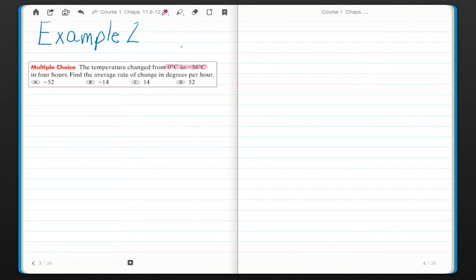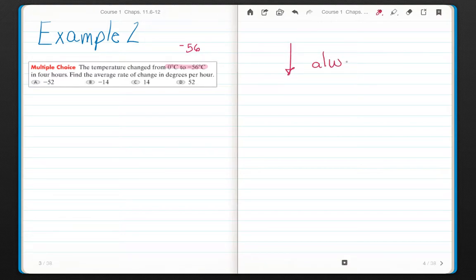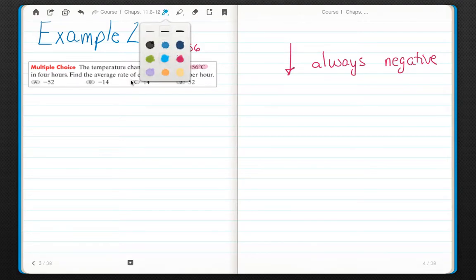That's a total of negative 56, because I am decreasing. Anytime I decrease, a decrease is always negative. Okay, and we decreased in how long? We decreased in 4 hours.